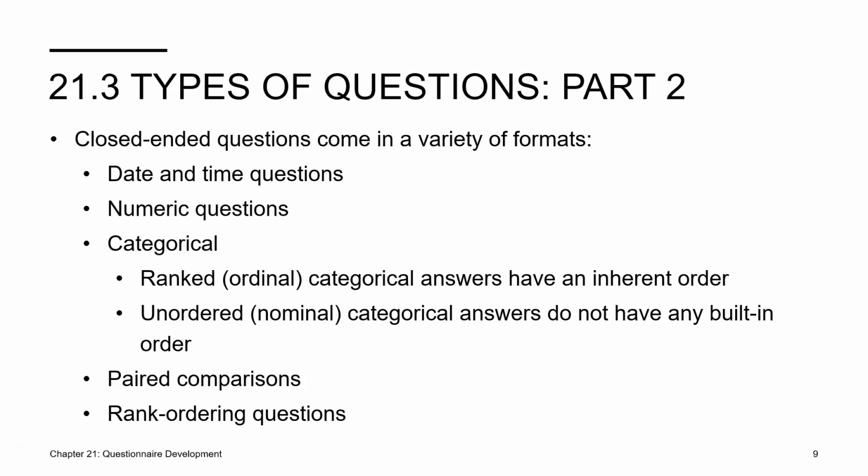Closed-ended questions come in a variety of formats, so it could be a date or a time. It could be a numeric question, such as asking someone their age in years, or it could be related to a scale. And so categorical questions could have a ranked response.